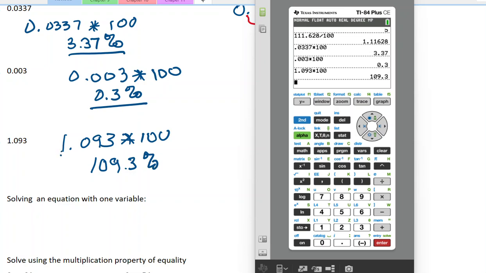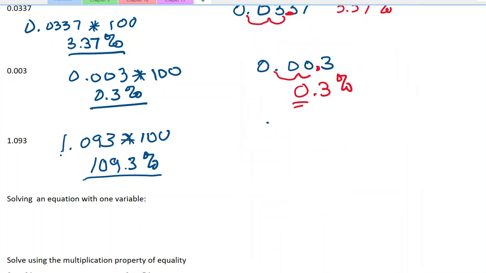Right there is 100%. So it is over 1. Okay, so that's that one. Now we're going to do it by moving the decimal. So I'm going to start where the decimal is, move to the right to insert the new decimal, and rewrite it with the percent symbol. And you can see it's the same. That's a 9. Right.